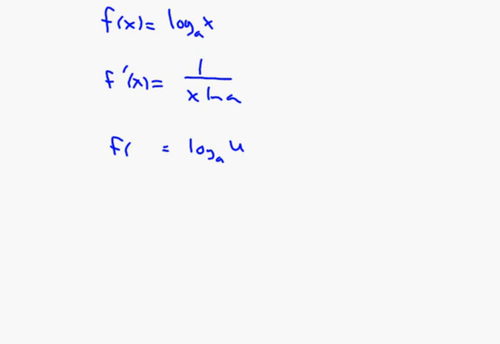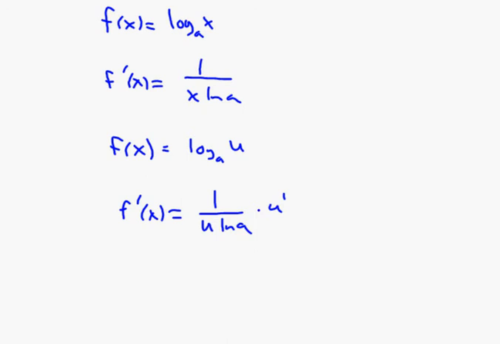Call this x maybe, where u is a function of x. Then f prime equals 1 over u times the ln of the base times the derivative of that inner function. And that's because of chain rule, right? So that's where these things come from.